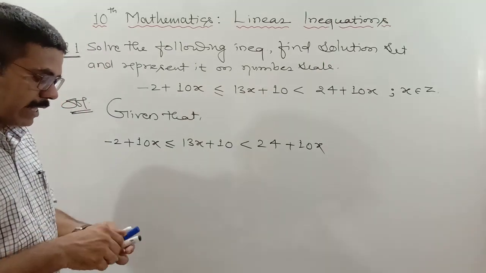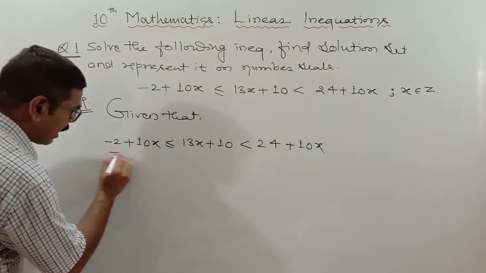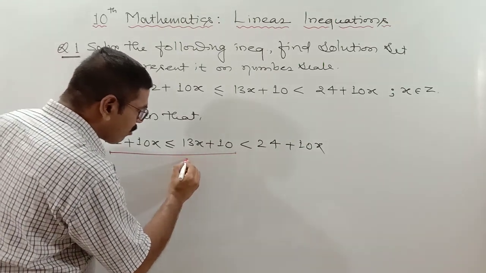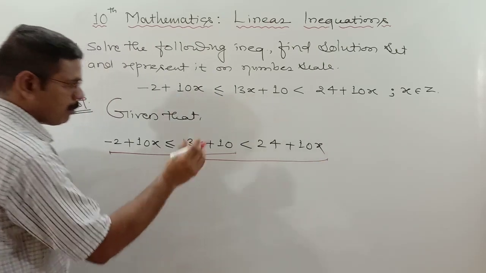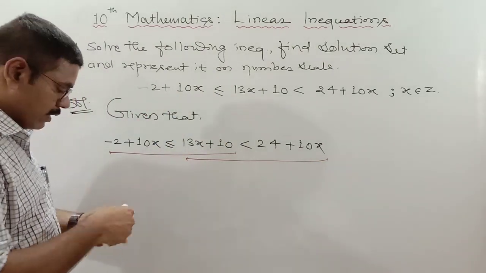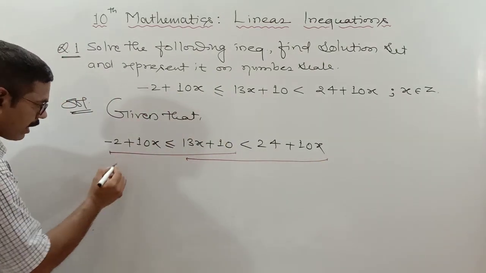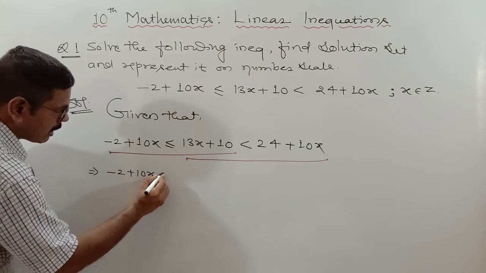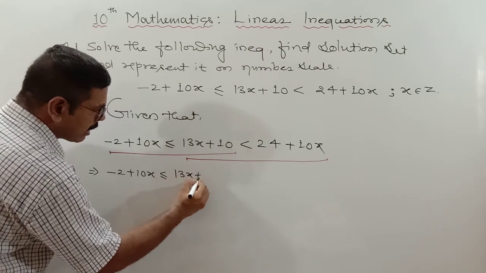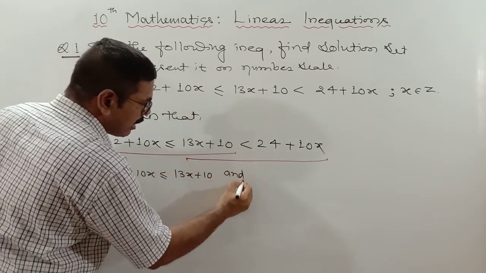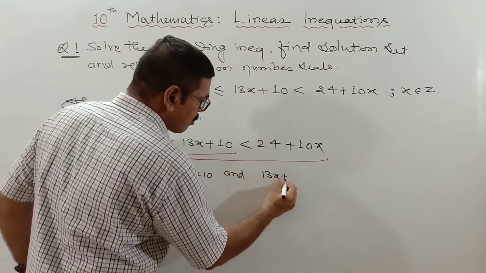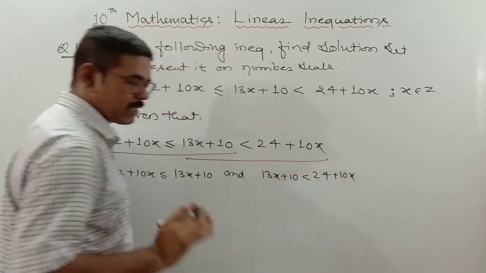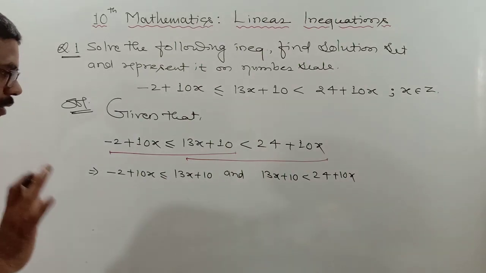We'll take one part by taking these two, and another part from here to here by taking these two. See how we can write. This implies that -2 plus 10x is less than or equal to 13x plus 10, and 13x plus 10 is less than 24 plus 10x. Is there any doubt? That is very simple.